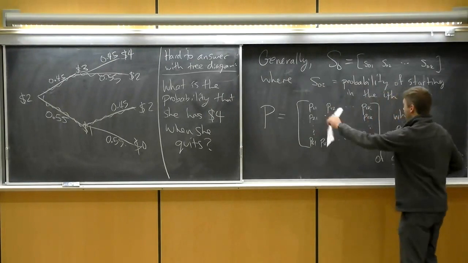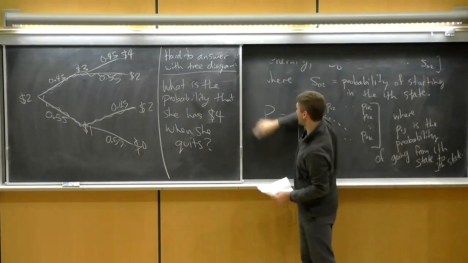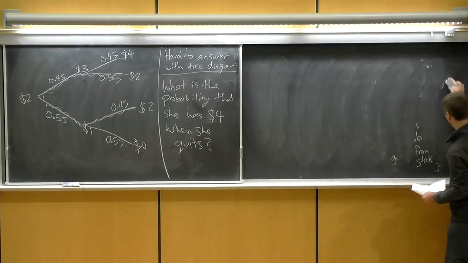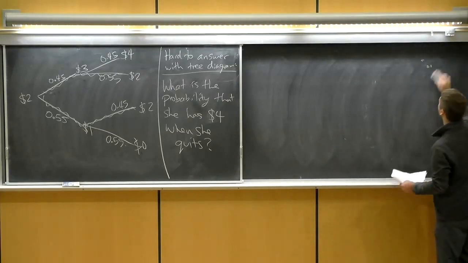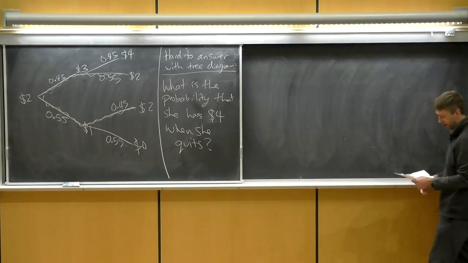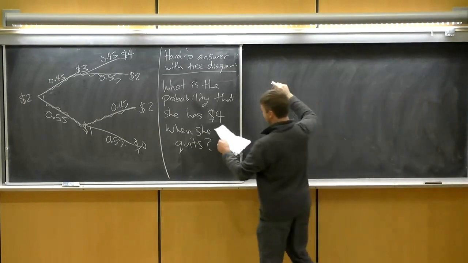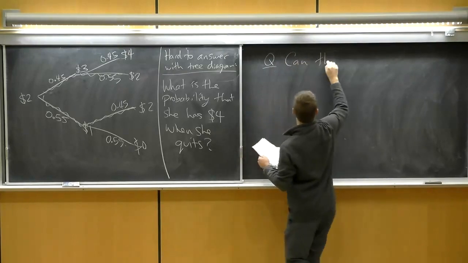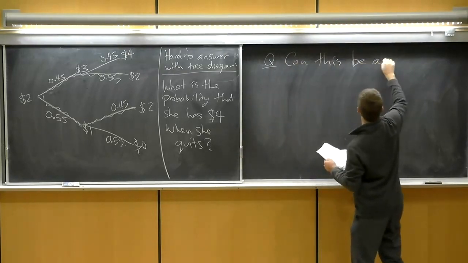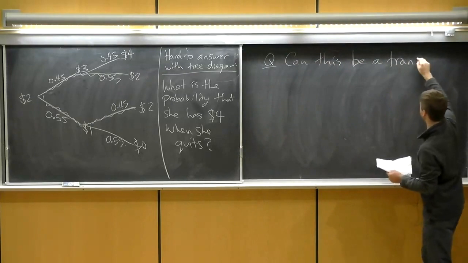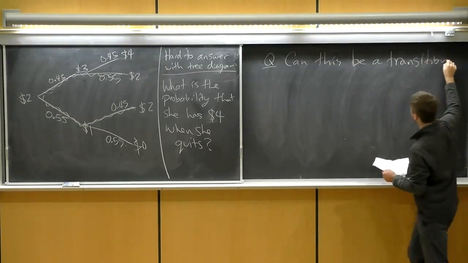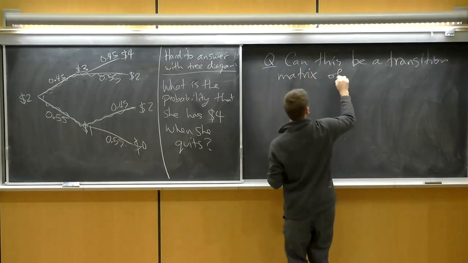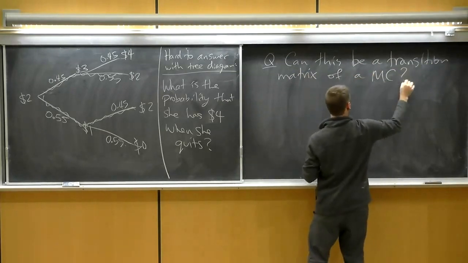Before we wrap up, let me give you a few quick questions to test your understanding of these transition matrices. So here's a question. Can this matrix be a transition matrix of a Markov chain?